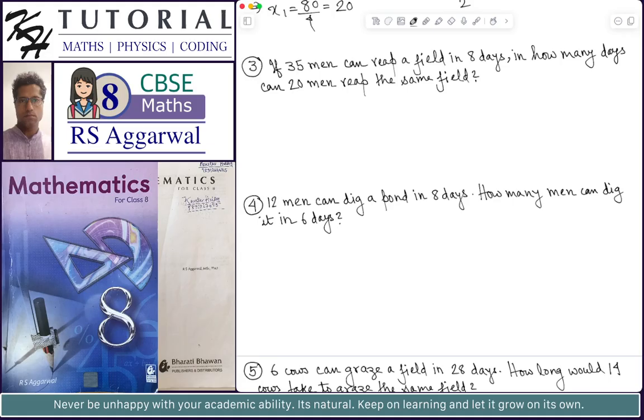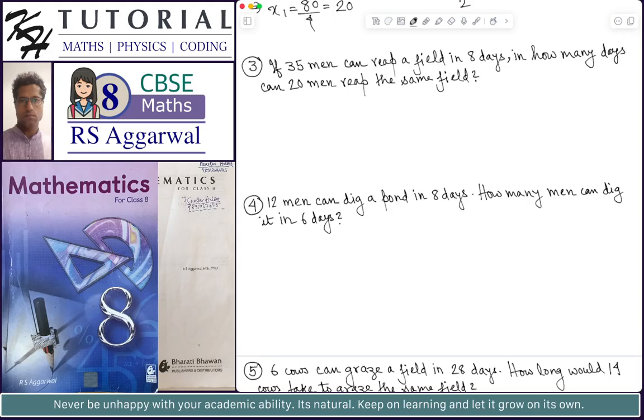In the previous video, part 4, where I discussed inverse proportion, I mentioned some examples. There I cited one example: men, work and time. That is, a number of men doing a constant amount of work and the time taken.